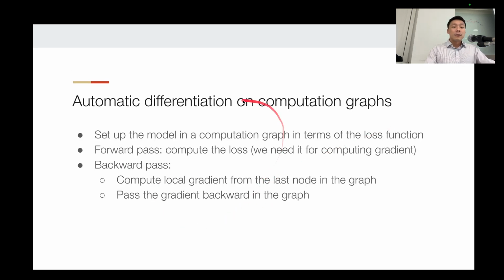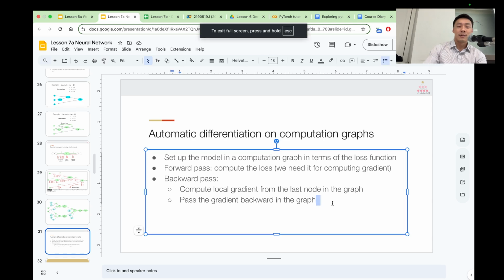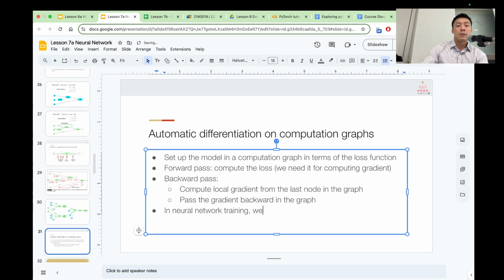So this whole thing is called backpropagation. I should say that somewhere. I'm going to say that now. In neural network training, we call this algorithm backpropagation. Very important, okay?